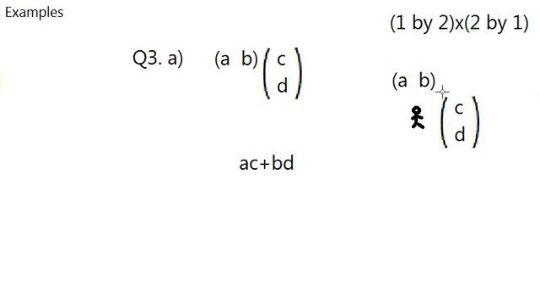Just move things around and turn them clockwise, and just multiply them. That is equal to AC plus BD, because the left hand side term with the left hand side term, and the right hand side term with the right hand side term, and you just add them together to form only one term. This is unique to a 1 by 2 times 2 by 1 matrix. It only gives one term in return for, let's say, 4 terms.